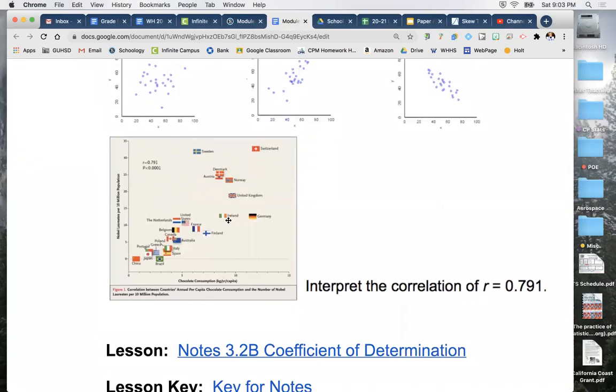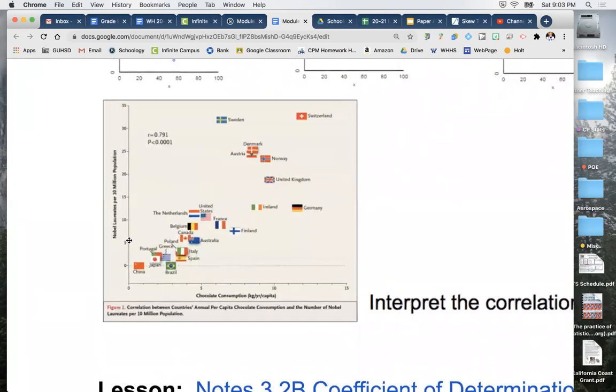This right here is measuring chocolate consumption, by population size, like 10 million people, and then you would multiply by this. So this shows the chocolate consumption per capita, or per million people, within these different countries, and you can see that there definitely is a positive trend here. What that would mean is that as you increase chocolate consumption, you are also increasing the number of, what is this?